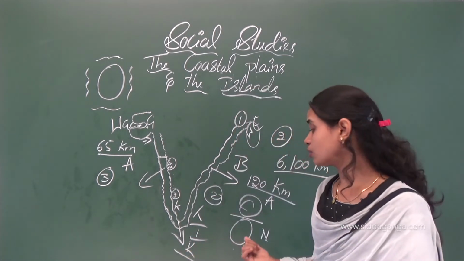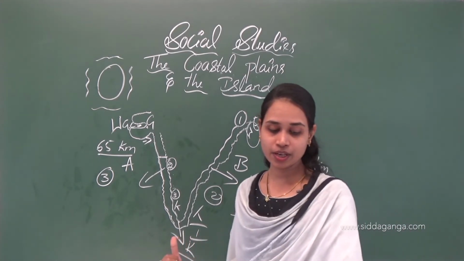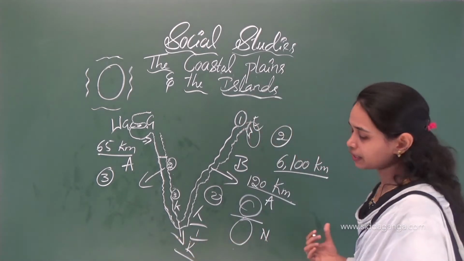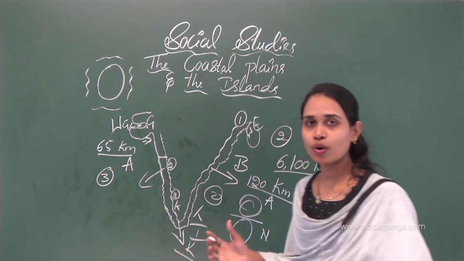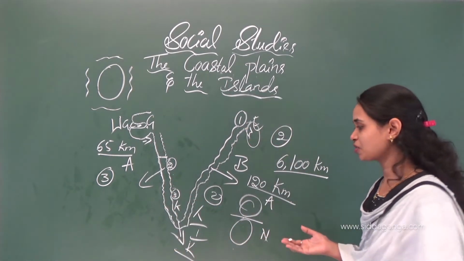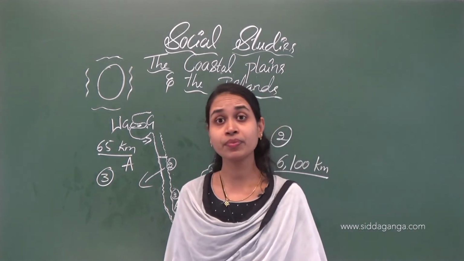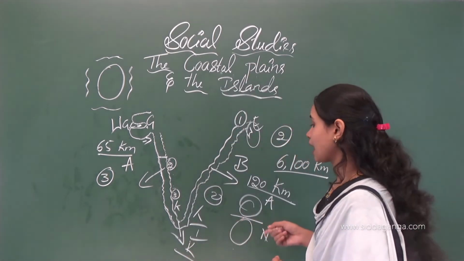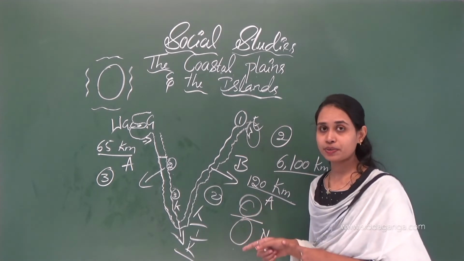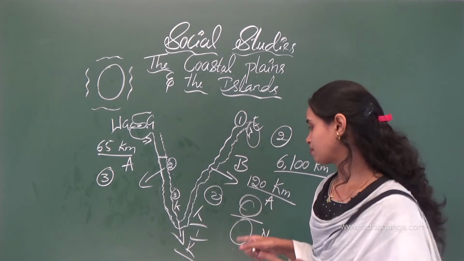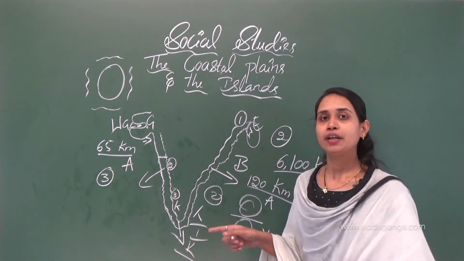Papayas are also grown here. Fishing is another important occupation here. So all around is water. What is the main occupation here? Yes, fishing is the main occupation of the people of the Andaman and Nicobar Islands.